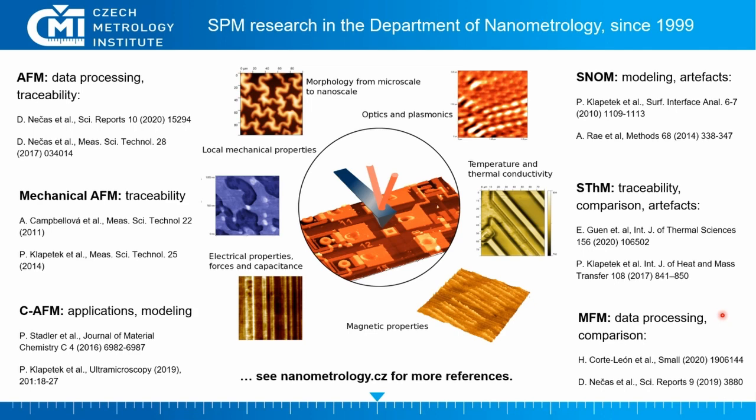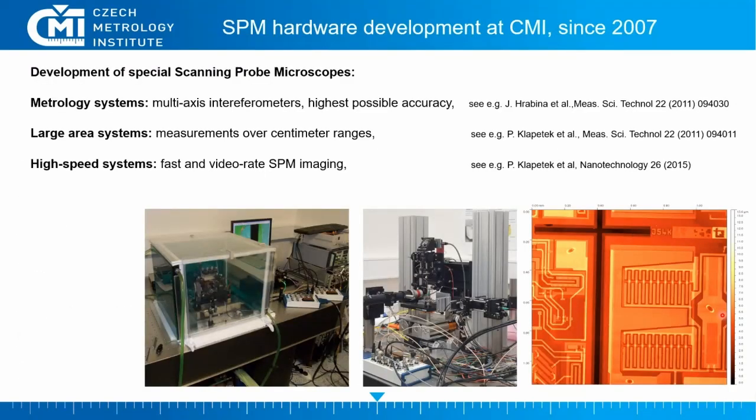However, what is sometimes even more exciting is building some kind of instrumentation. So the metrology institutes also quite often build a special instrumentation, for example, scanning probe microscopy, because the commercial systems don't have some features that we need to get the traceability and to get the extra parameters that we would like to get.